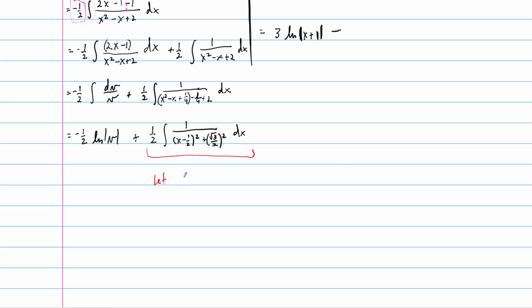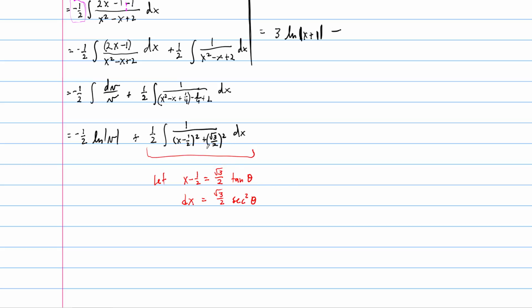So let's let x minus a half equal, so there's like the u, it's got to be equal to a times tangent because of this, right? So it's going to be root 3 over 2 times tangent of theta. And then our dx derivative here is going to be equal to root 3 over 2 secant squared theta. All right, and the bottom of this is just going to become secant squared theta, right?